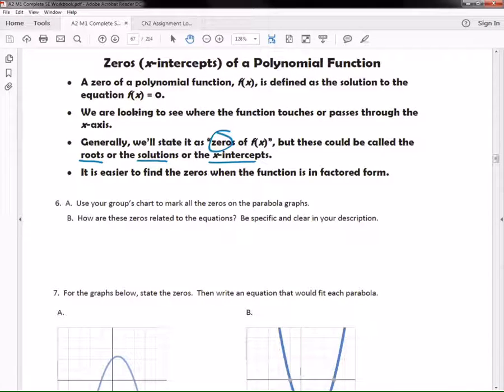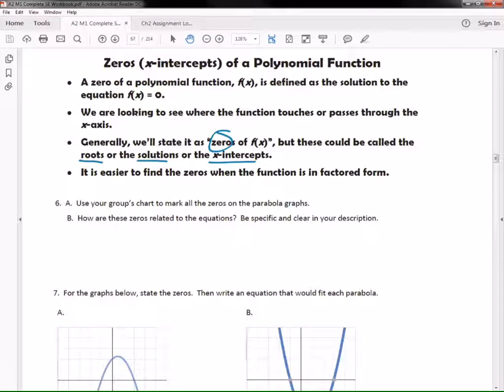That has three different names. So if you run into a different name, know that it's just talking about the zeros. Zeros is the shortest word, except for roots. Roots is kind of the same amount of letters. A zero of a polynomial function, f of x, so f of x is our polynomial function that we're talking about, is defined as the solution to the equation of this.